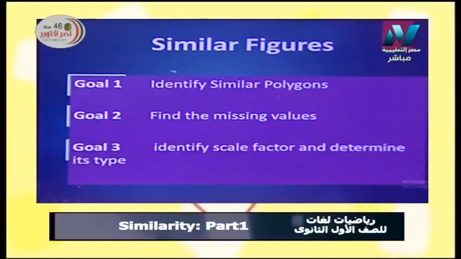Yes, we have here similar figures. The goals means the aims. After this lesson, you have to identify similar polygons, find missing values, identify scale factor, and determine its type.